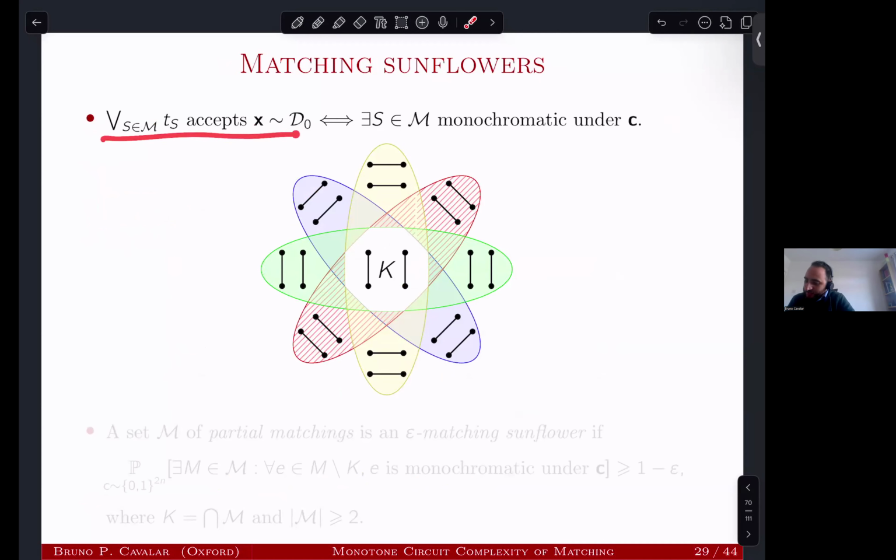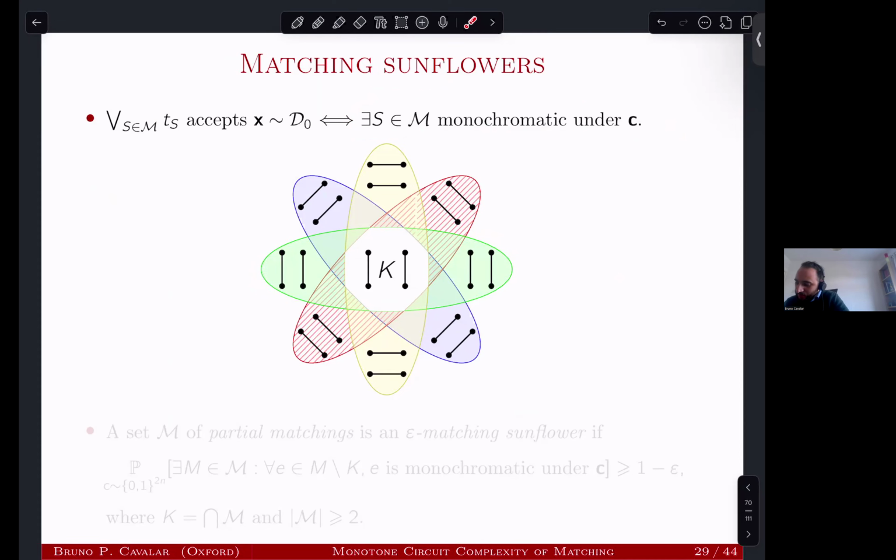So what would be a sunflower in this context? Well, we have these hyperedges, but now what they have are matchings inside them, right? And we want that there is a matching whose edges are monochromatic outside of a core K, right?